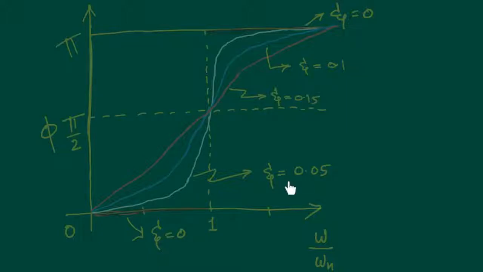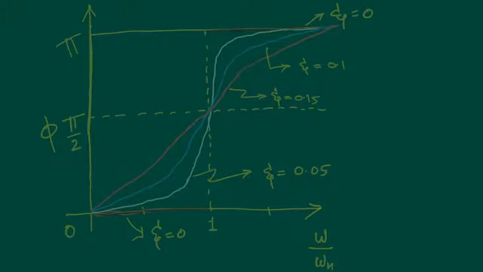As you can see, as my damping is decreased, going from, let's say, 0.15 to 0.1, then to 0.05, in this regime, as zeta comes down, the phase has a tendency to assume zero values when the amount of damping in the system comes down.